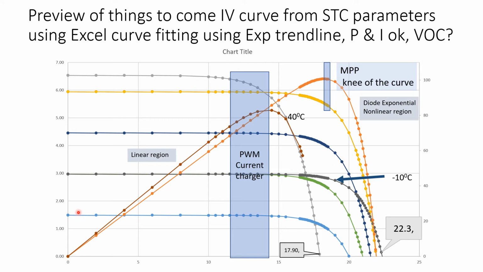Now, why do I have different values of irradiation? Well, the sun energy changes between winter and summer. The sun energy changes throughout the day. So you don't get a single level of power out of a solar panel.